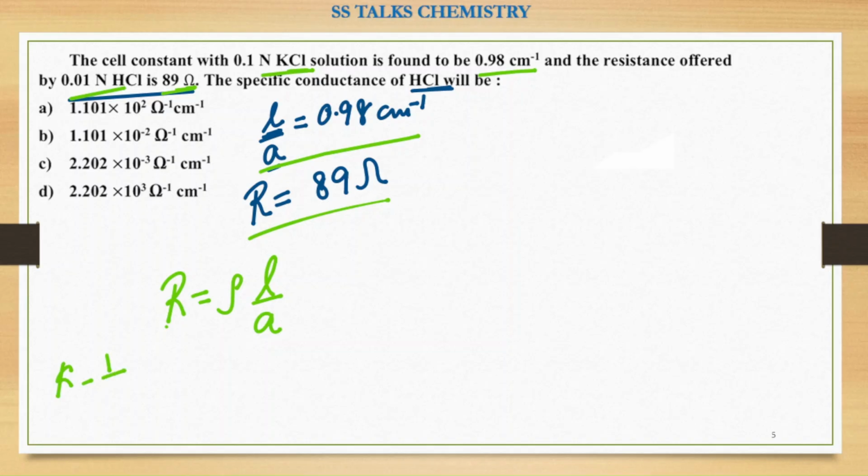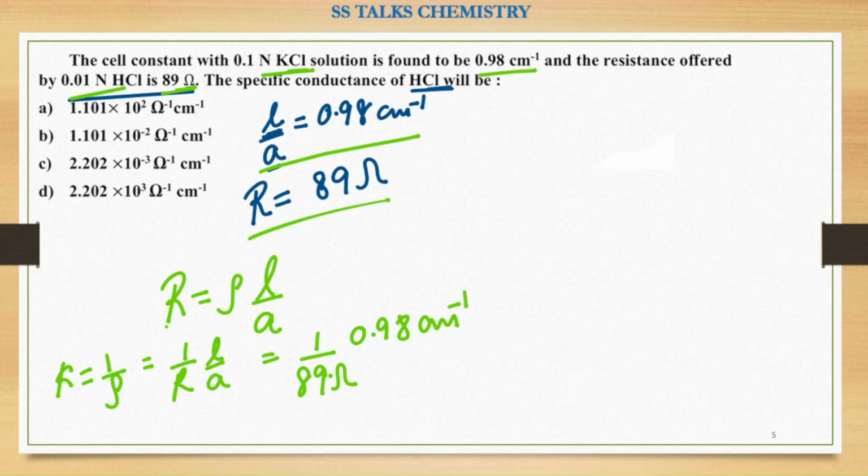Kappa, which is equal to 1 by rho, is going to be equal to 1 by R into L by A. So just substitute the values: 1 by 89 ohms into the cell constant value, which is 0.98 centimeters inverse. Right? This is the value we have.